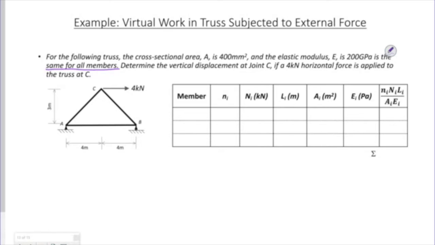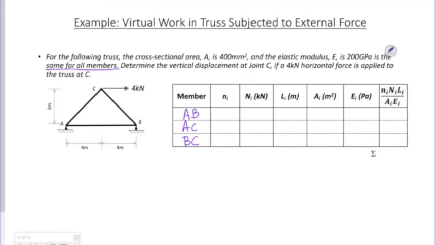We want to determine the vertical displacement at C if we apply a horizontal 4 kilonewton force, also at C. So I have 3 members: AB, AC, and BC.